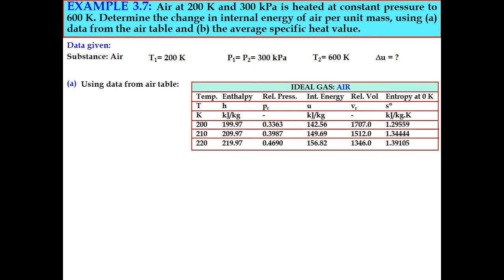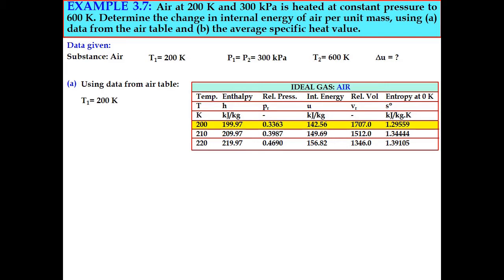We already have the temperature for state 1, T1, and the temperature for state 2, T2. Based on the temperature given, for T1 equal to 200 Kelvin, we can obtain the value of U directly from the table.